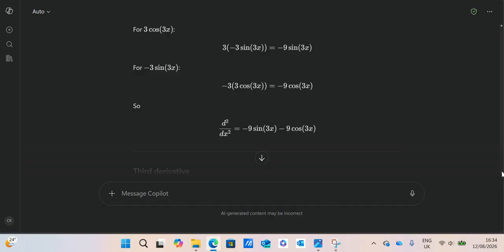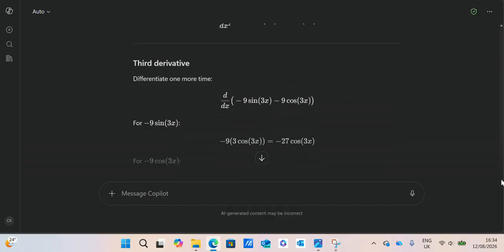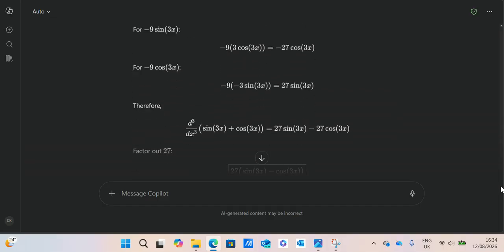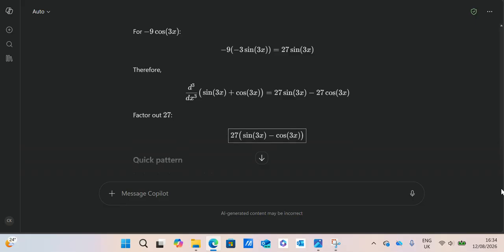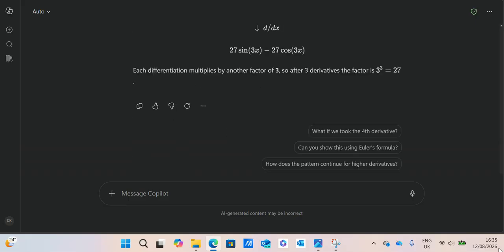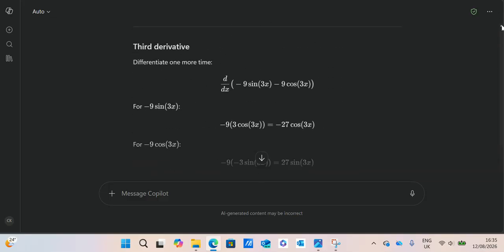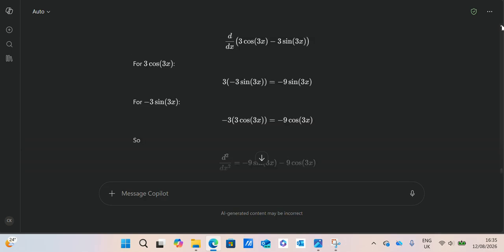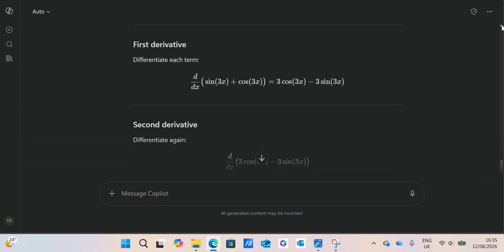A little cursor here. Third derivative. So 27. Okay, what? No, I got it wrong. It's supposed to be sine cos. I'm gonna have a look at this now. First derivative. 3 cos 3x minus sine 3x. Okay, got that.